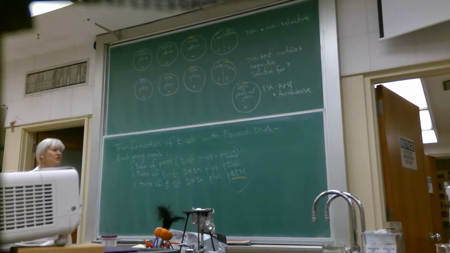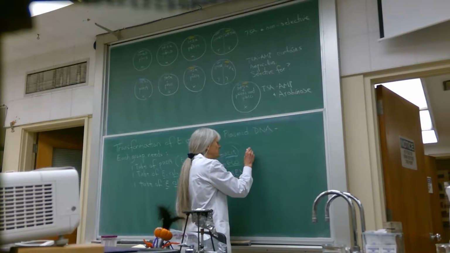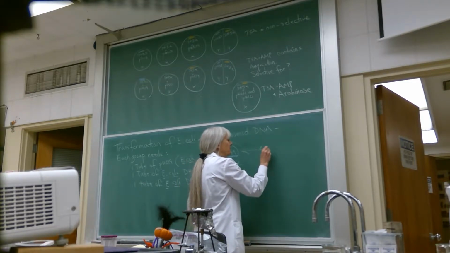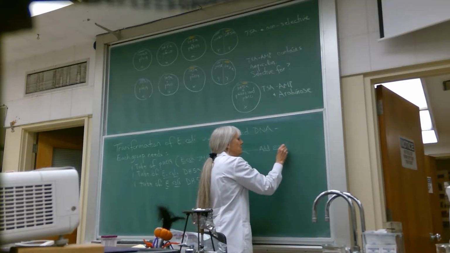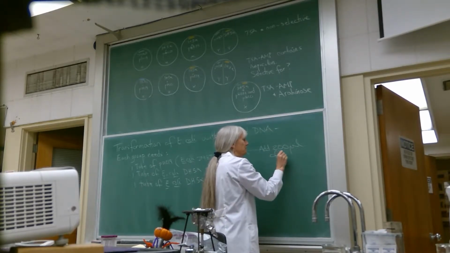Okay, so before we can inoculate our plates, we have to get to this point because each group needs a tube with each different type of plasmid plus the E. coli. And right now there's nothing in there but plasmid DNA. So we're going to add E. coli cells. You're going to add to the blue tubes 200 microliters of E. coli JM83.